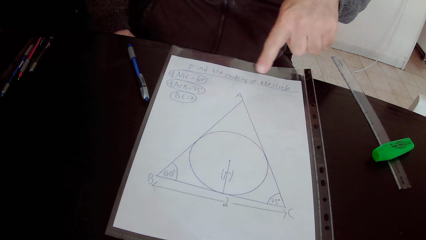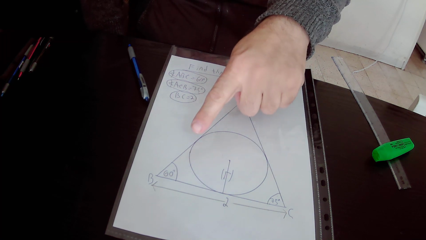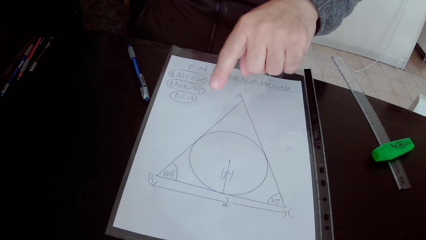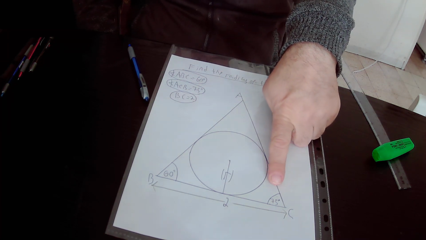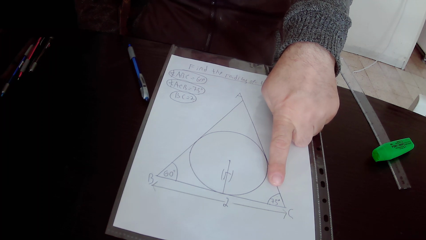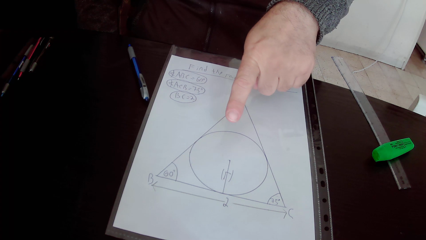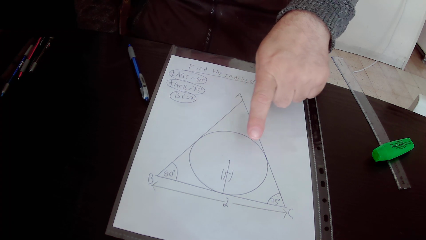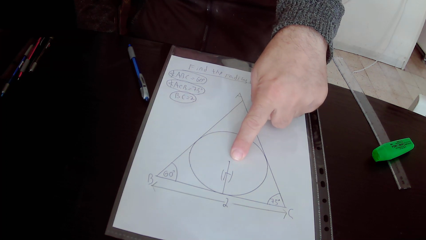We know that angle ABC equals 60 degrees, and angle ACB equals 75 degrees. In addition, we know that side BC of triangle ABC equals 2 units in length, and our mission is to find the radius r of this circle.